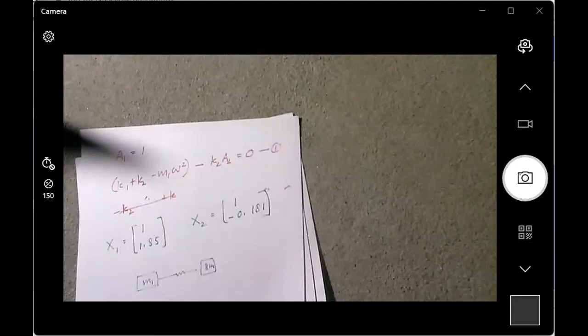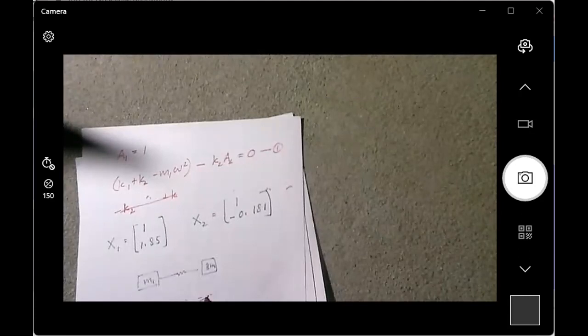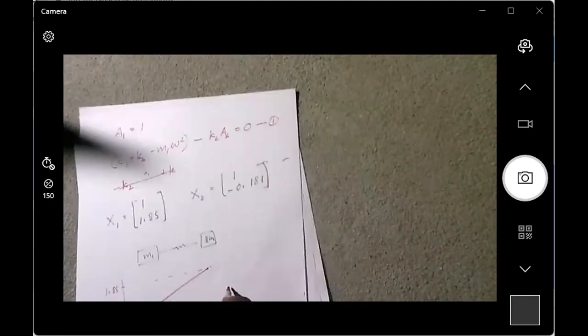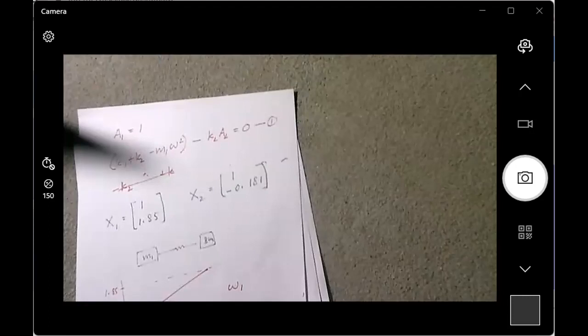And this is 1, M1 will be here, then M2 should be at 1.85. And this is for omega 1, and for omega 2, what will happen? You have 1 at this point.